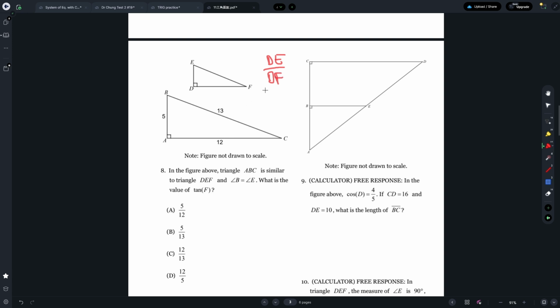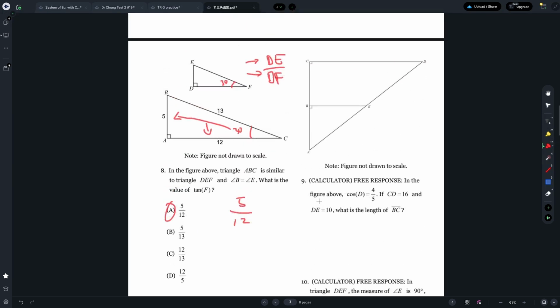However, since this is the same angle, say this is 30 degrees, and this is 30 degrees, tan of 30 degrees would have the same value, right? So opposite over adjacent would also be equal to opposite over adjacent, which is equal to 5 over 12. So the answer is A.